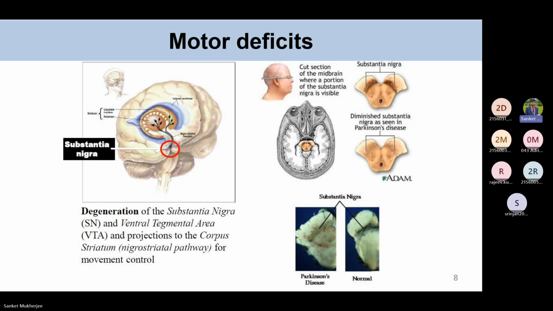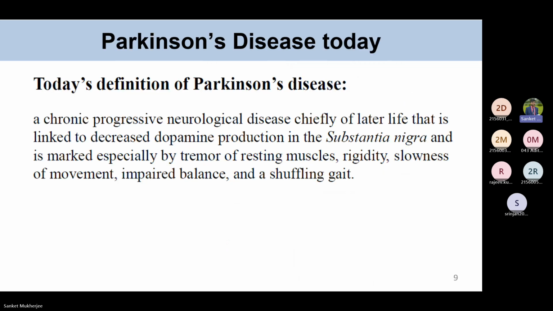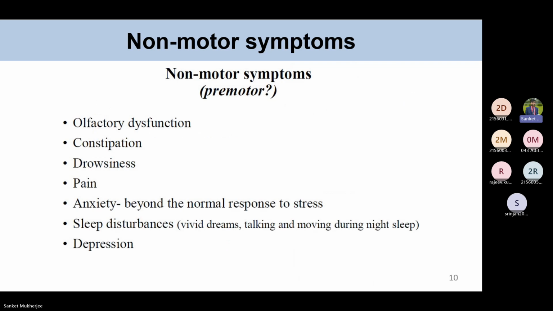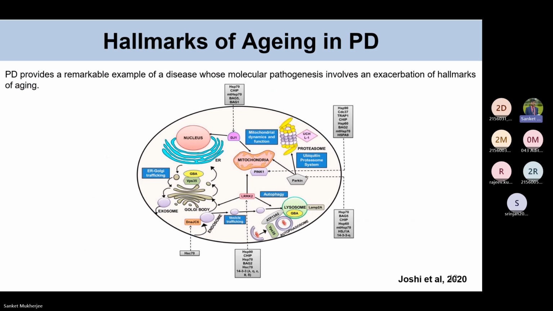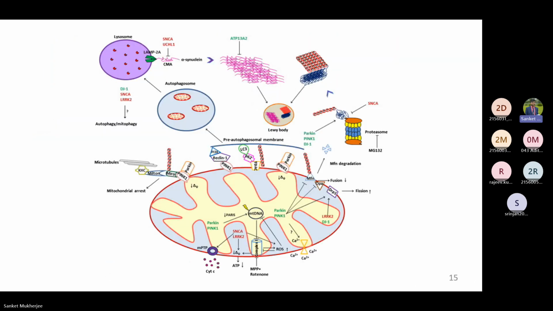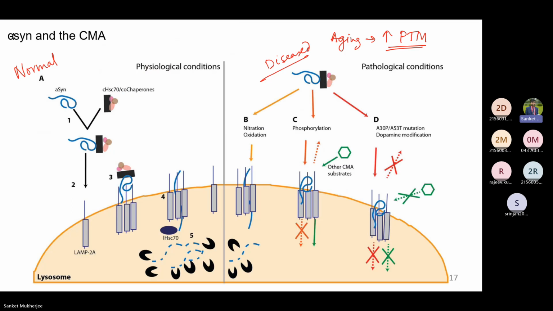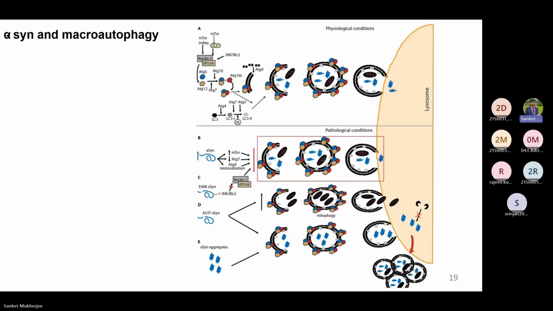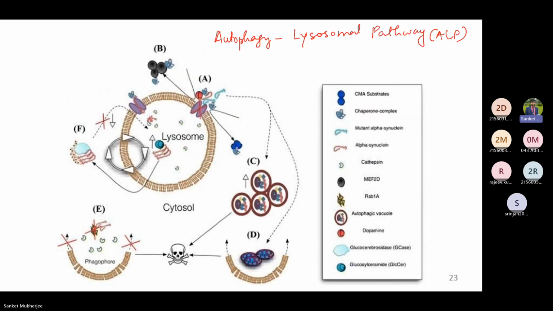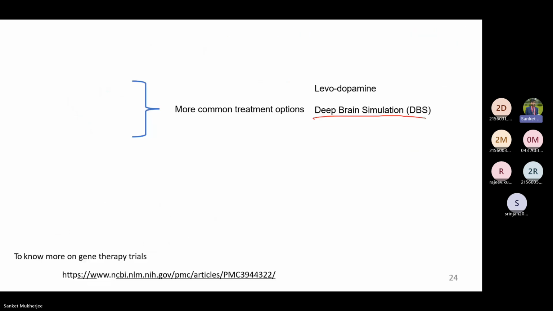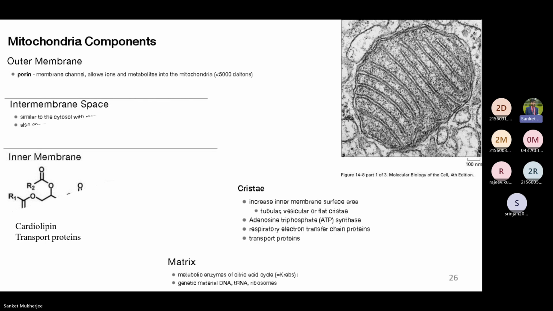So we saw that protein degradation is the main problem here, and the different ways in which protein degradation is affected: chaperone-mediated autophagy, macroautophagy, the ubiquitin proteasome system and the lysosomal pathway. Then today we'll be talking about mitochondrial dynamics.